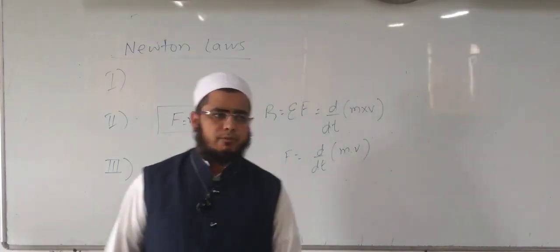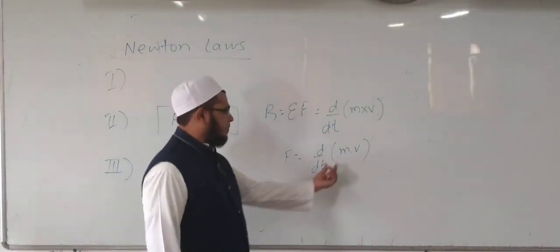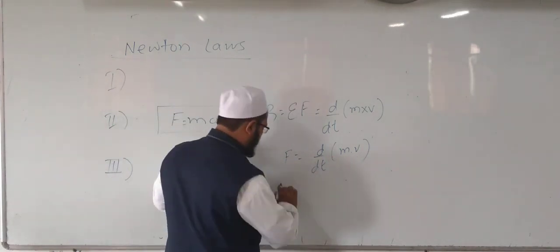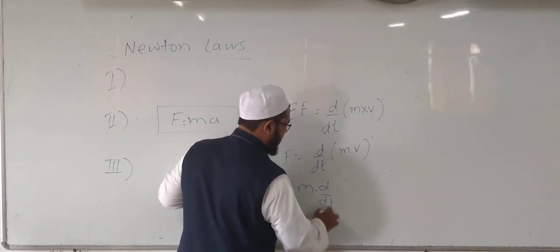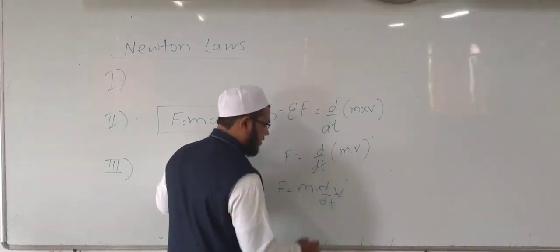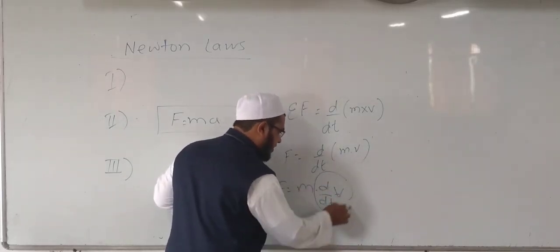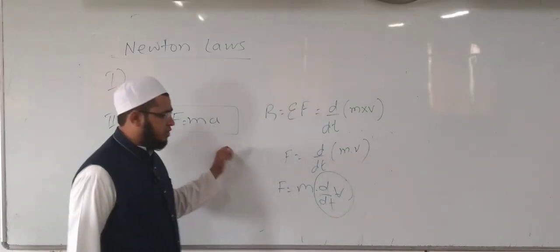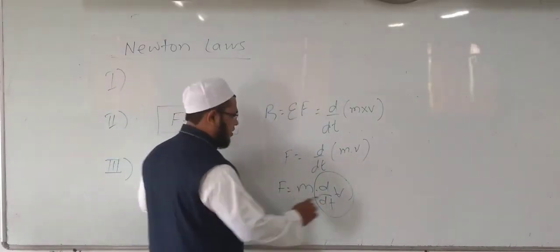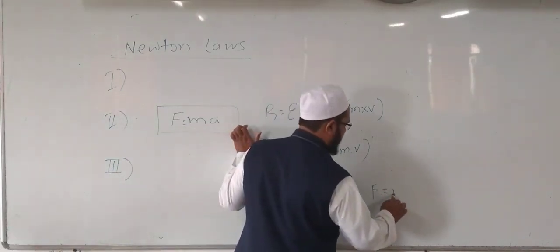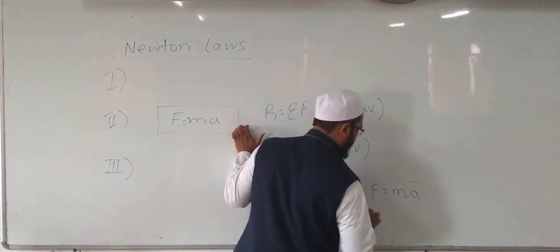According to the law of conservation of mass, we know that the mass is constant, so we keep it aside: m d by dt of v, and we know that dv by dt is the rate of change of velocity, which is acceleration. Therefore, the equation will become F equal to ma.